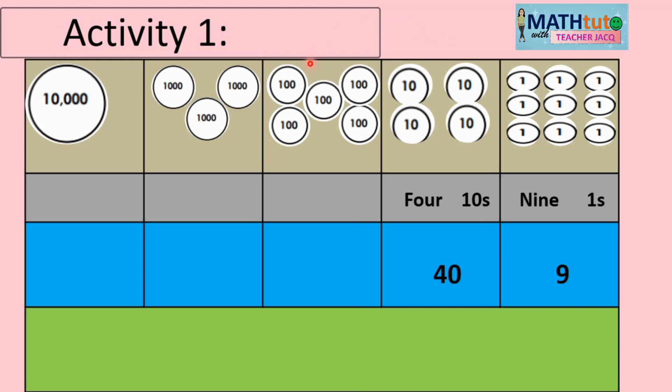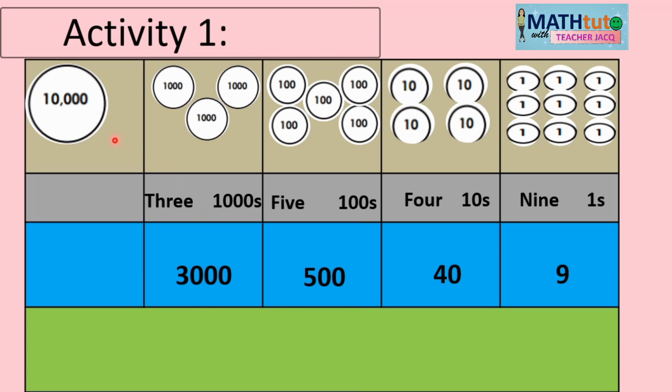Then in the hundreds place value, we have how many hundreds? 1, 2, 3, 4, 5. So we have 5 hundreds. Total of 500. And then in the thousands place, we have 1, 2, 3. So we will write 3 thousands, or 3 times 1,000, a total of 3,000.